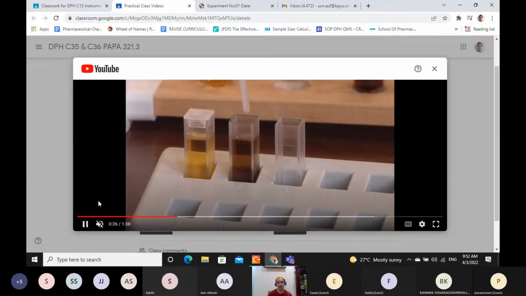So this tube, this cuboid yang kamu nampak ni, this is called a cuvette. Okay, a cuvette is just a compartment yang mana kita masukkan our sample solution. C-U-V-E-T-T-E.